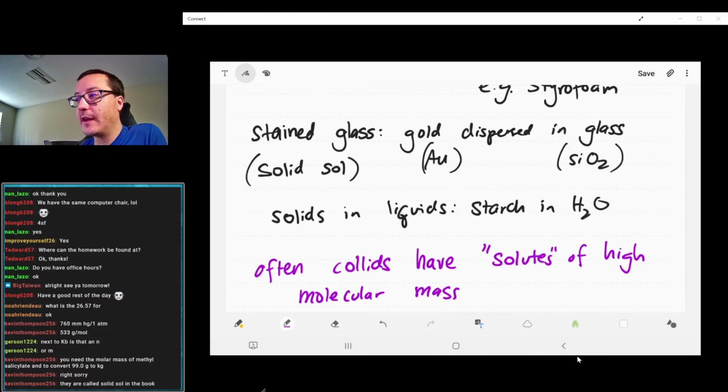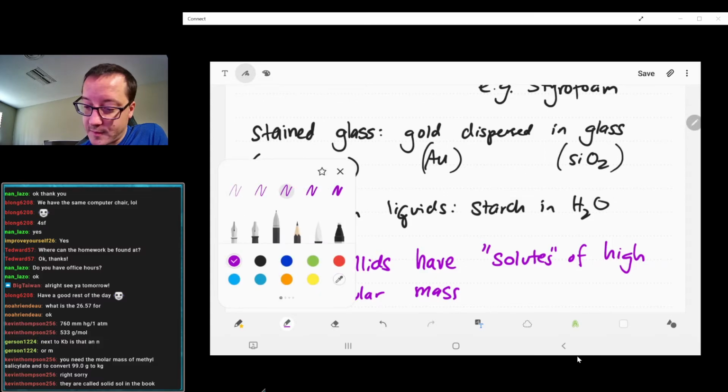All right, enough of colloids. They're boring. Let's do some more problems here.